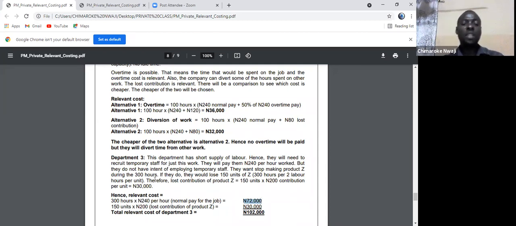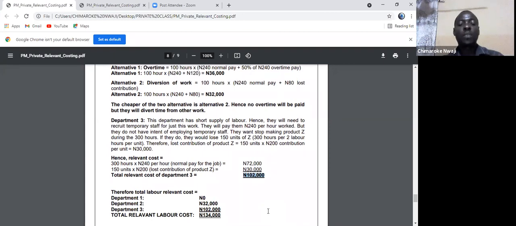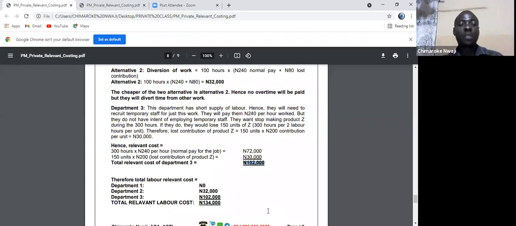But they are losing 30,000 naira. So that cost they are going to lose, they're going to add it to the cost of the contract. So you add them together, you have 102,000 naira.